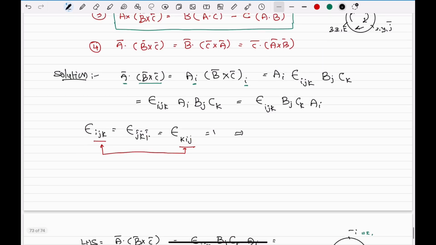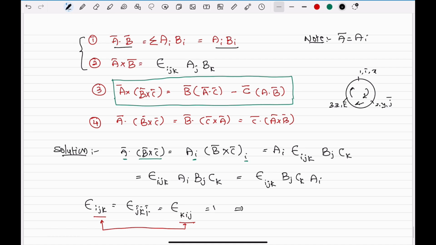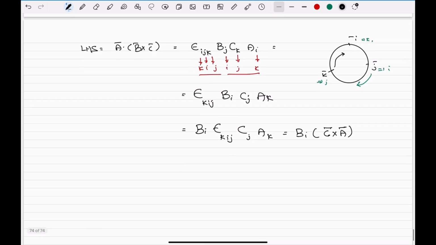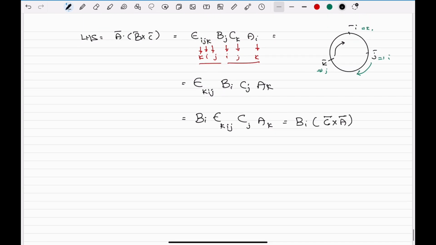From the definitions, you just see. What is the definition? A cross b is equal to epsilon ijk a j b k. Similarly, here it is written as epsilon kij c j a k. Whatever may be, as long as one index is left over, i is left over, this i comes here. Please try to understand the process.